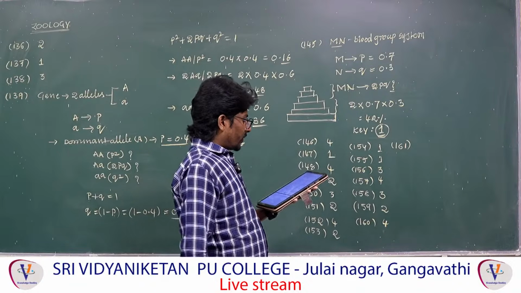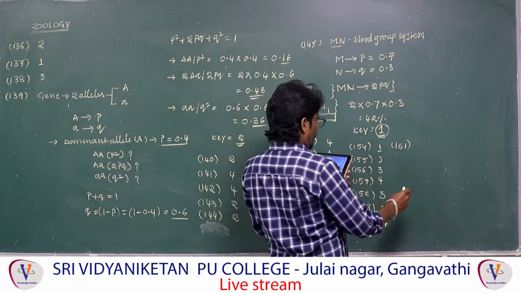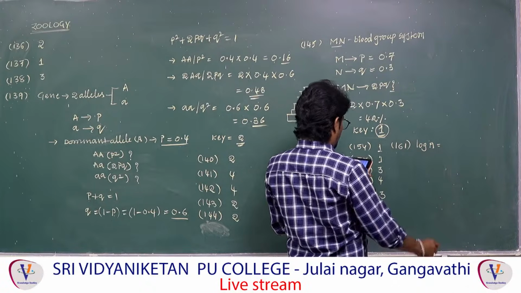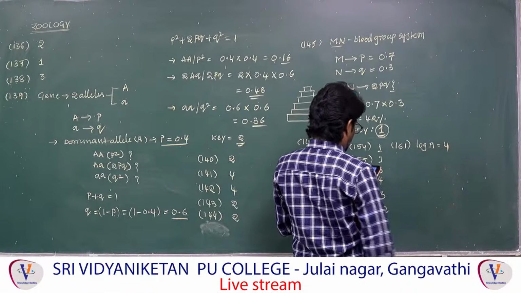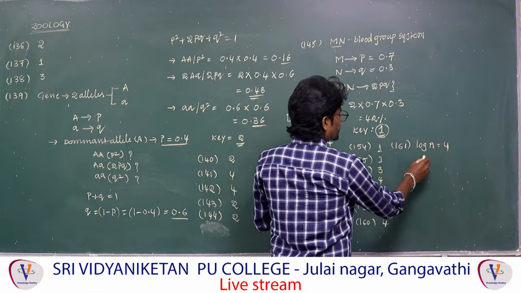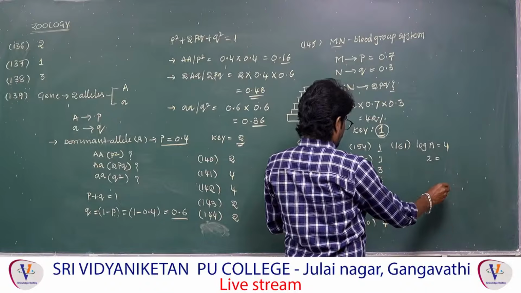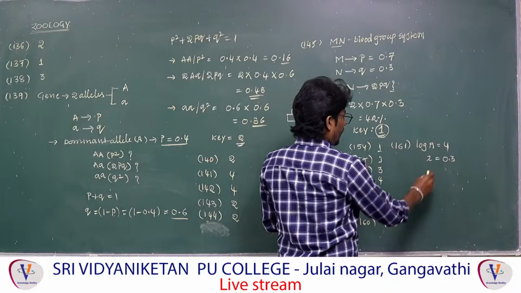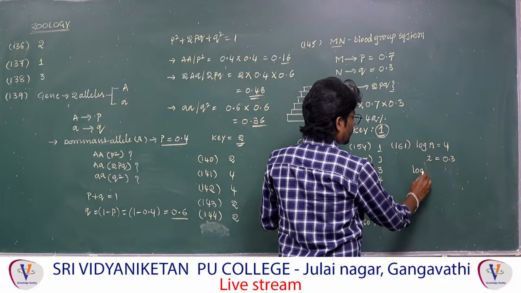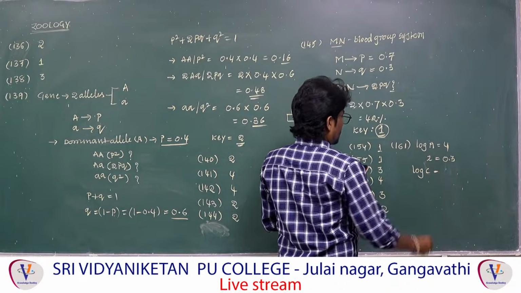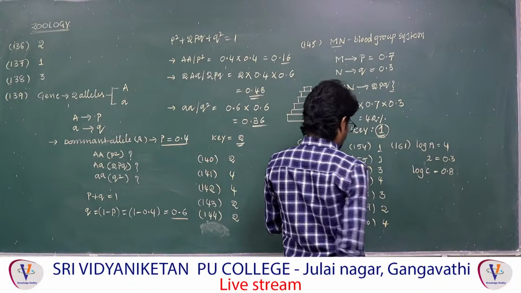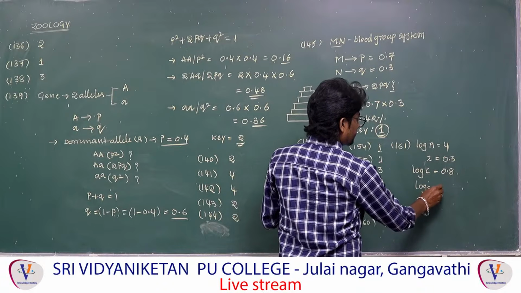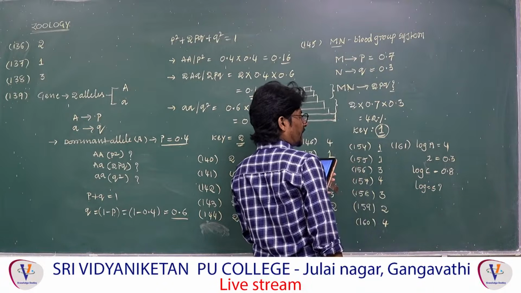Here is question number 161. If log A is equal to 4 given, Z is equal to 0.3 given, and log C is equal to 0.8. Find out log S, they are asking. So what is the formula to calculate this?